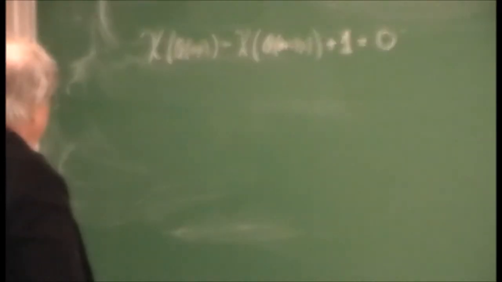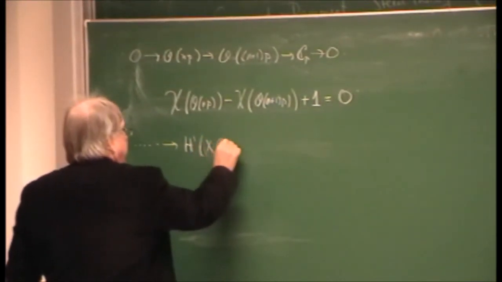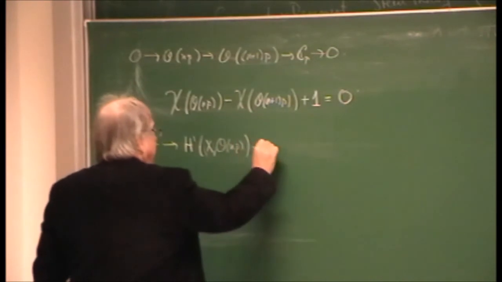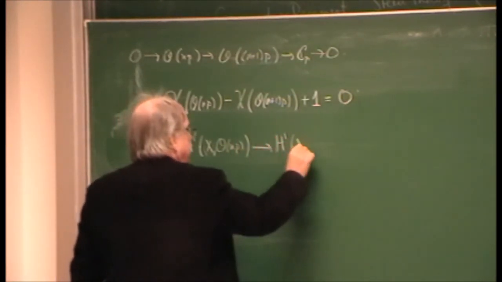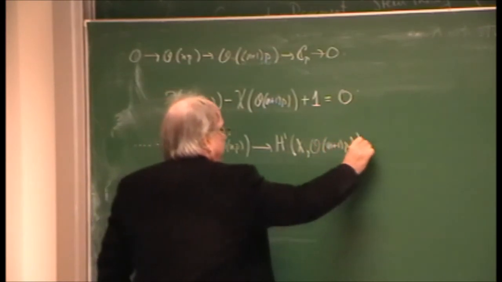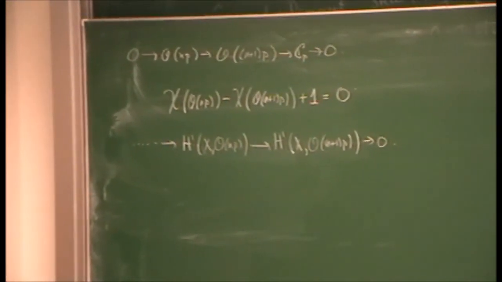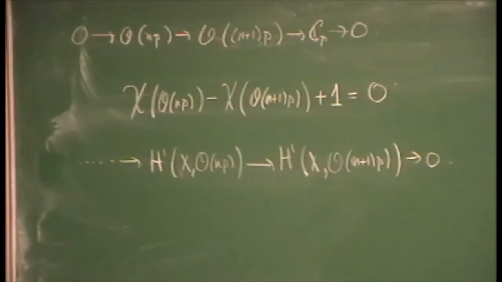Now I want to look at this long exact sequence a little bit. So what we have: H1 of X, O, and P, and H1 of X, O, n plus 1 P, down to 0. Actually, I may not even use this Euler characteristic.